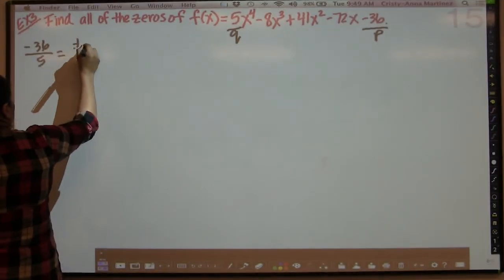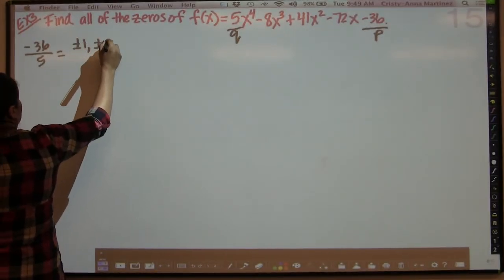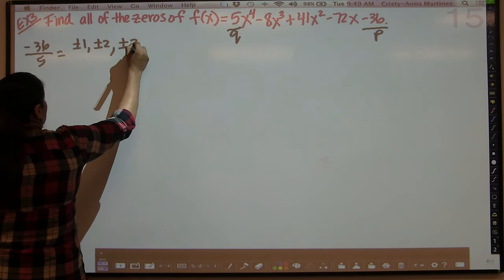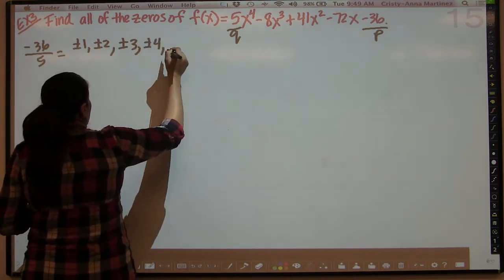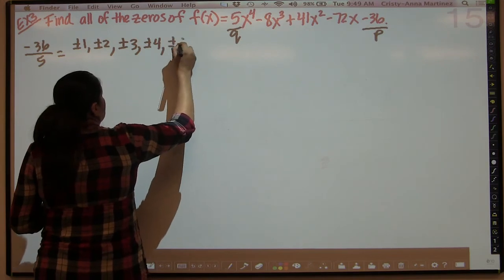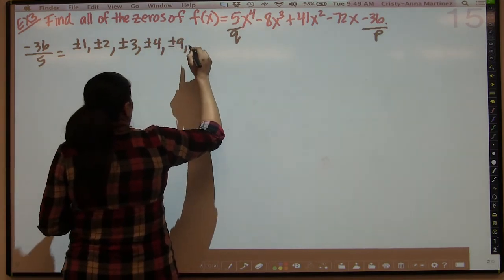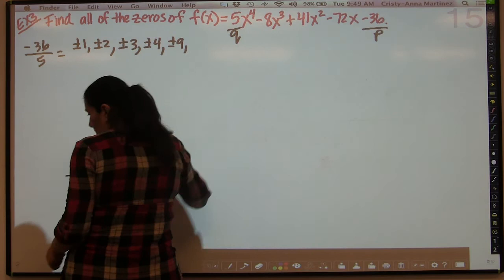Factors of 36: 1, 2 times 18, 3 times 12, 4 times 9. And I think that that's going to be it.